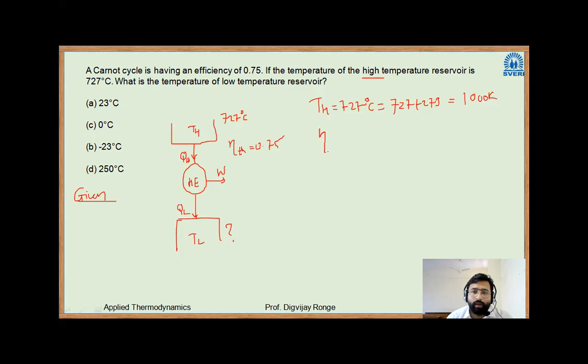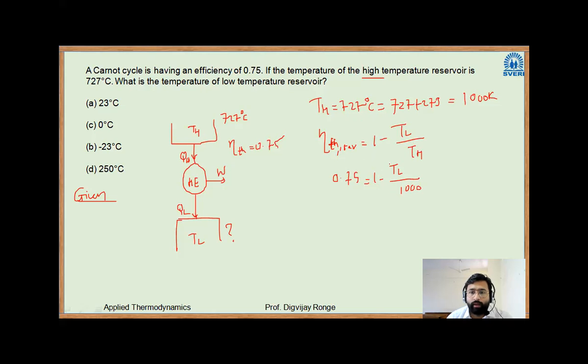Now what is the formula for a cycle working on Carnot? Eta TH reversible will be equal to 1 minus TL divided by TH. Here it is given as 0.75 equal to 1 minus TL, unknown, divided by 1000 Kelvin. So calculate TL. How to calculate?